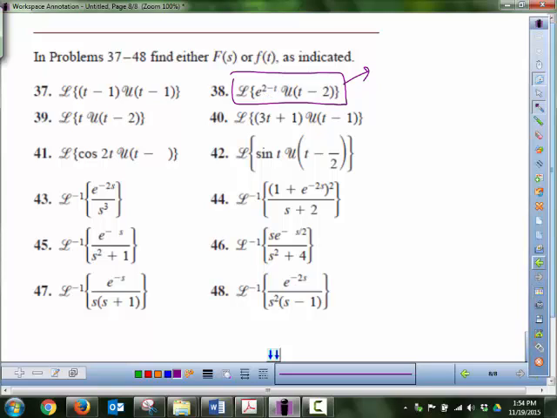According to my formula, I want the f with a t minus 2, and this is 2 minus t, so that's off by a negative sign. So maybe I can just rewrite this as e to the negative parentheses t minus 2 times the step function.